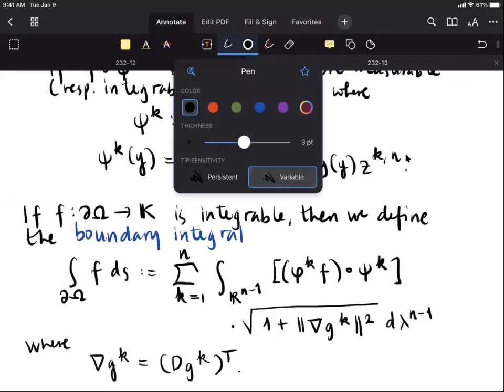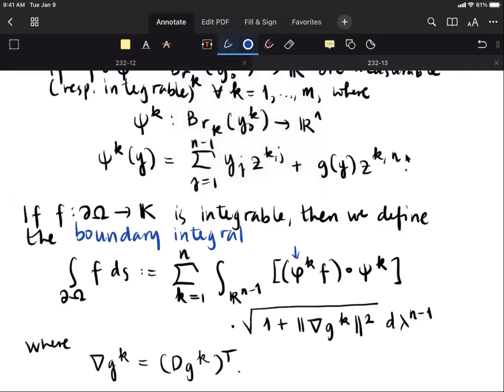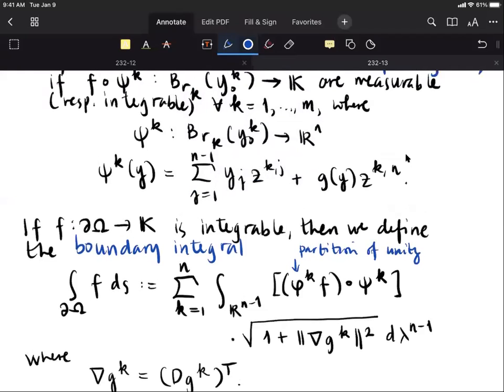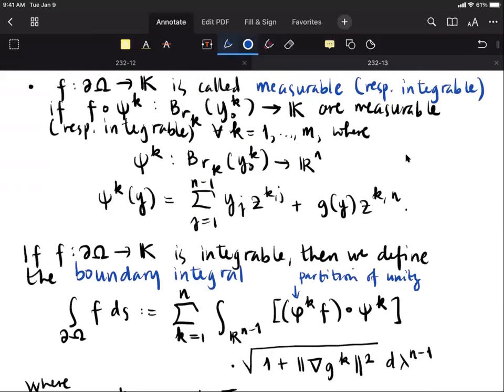So again, this is the partition of unity, or the components of the partition of unity. This makes sense because for an integrable function defined on the boundary, this is integrable on Rn minus 1.